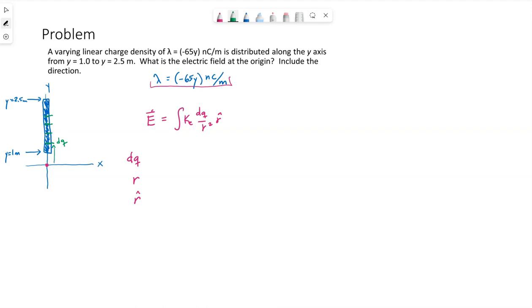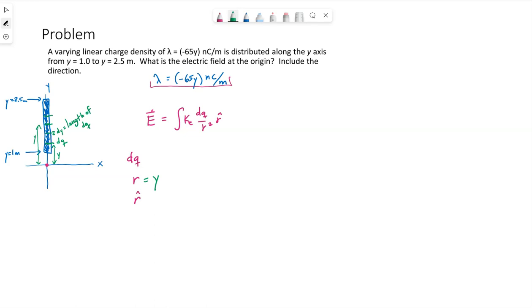Each piece of charge is a distance of y from the origin. That means r is going to equal y. Each piece of charge is going to have a length of dy because it's along the y-axis, so we're just giving it a little delta y or dy.